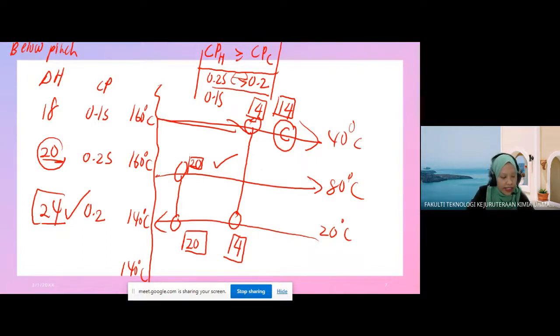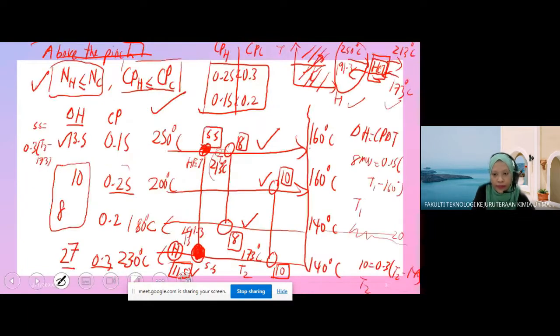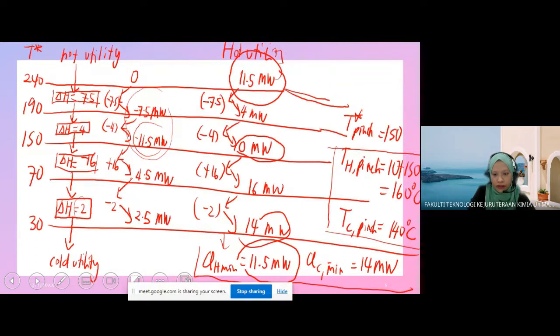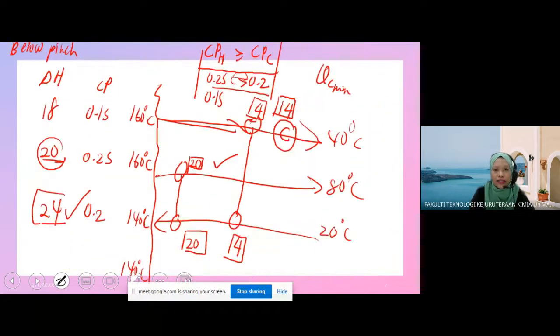So look, by checking the value of QC min from the problem table algorithm, QC min is 14, meaning that your design is true, because it achieves the minimum target cold and hot utilities.